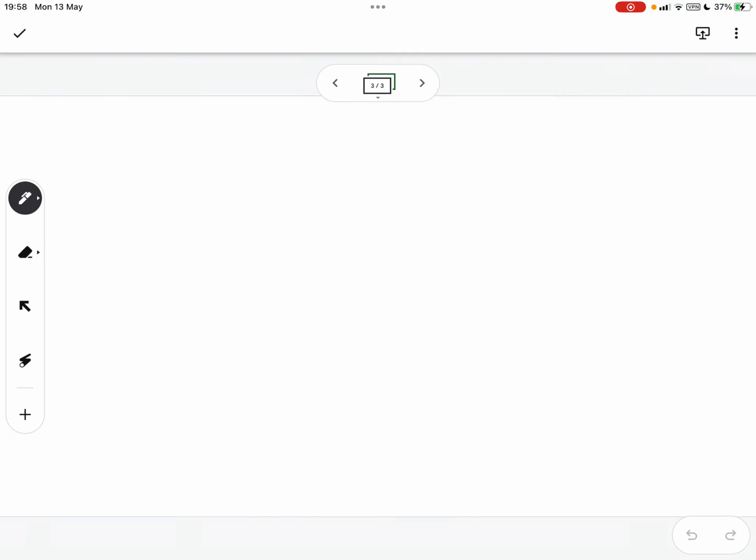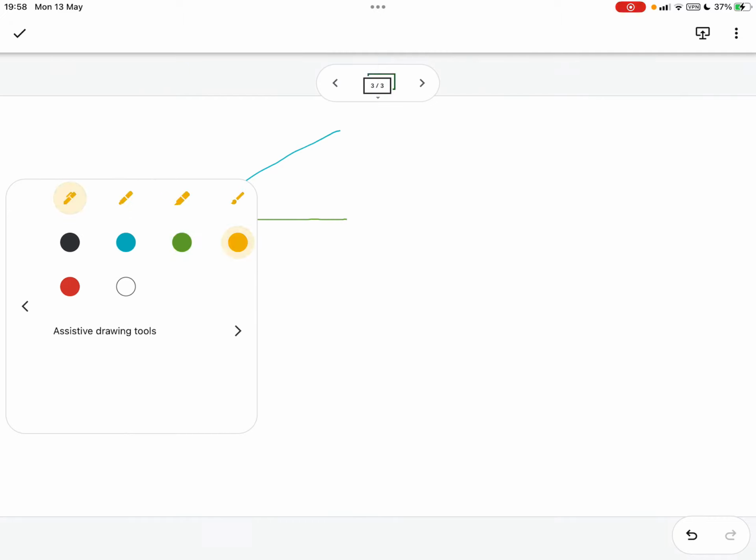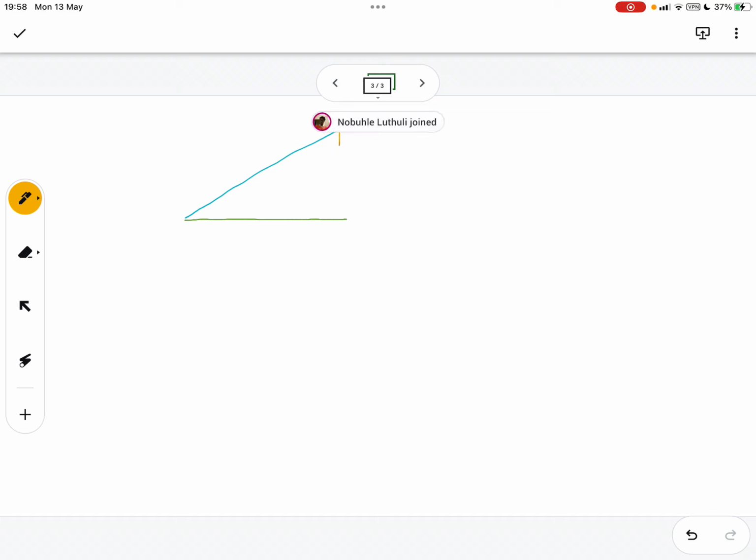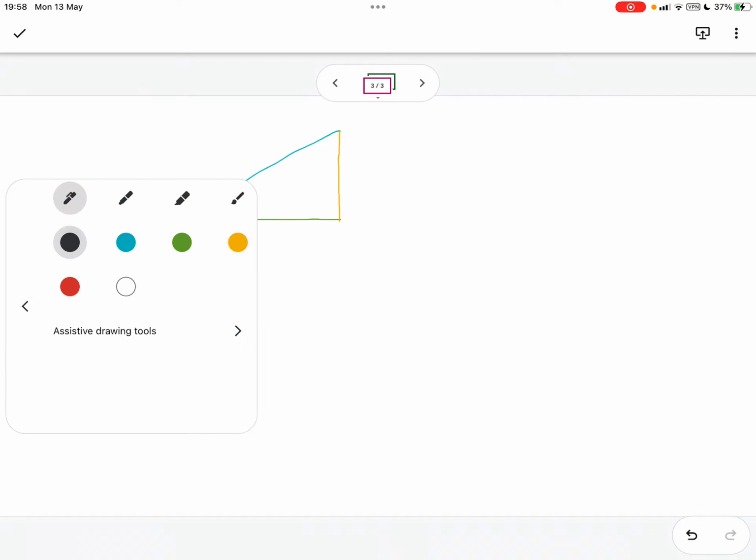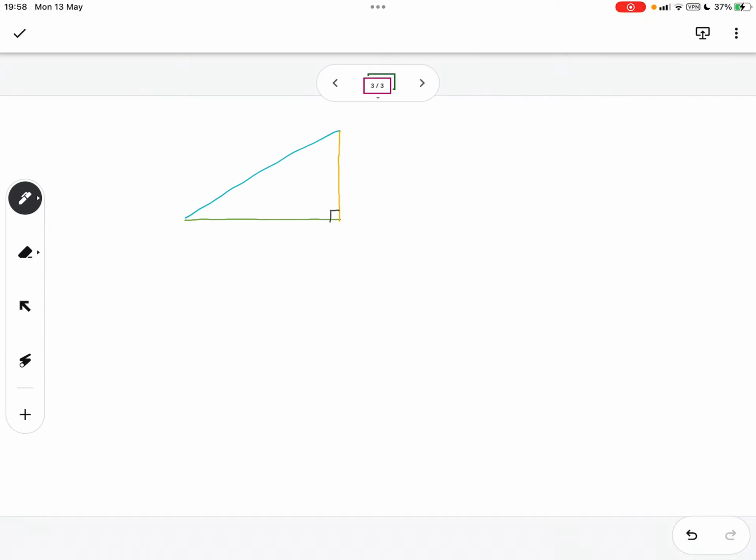Now let's go back to our right-angled triangle. I want to draw it with our colors. Blue is the hypotenuse. Green is this horizontal side, and yellow is the vertical side. And we've got a 90-degree angle there.